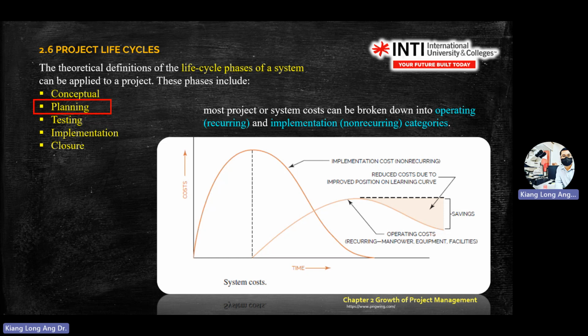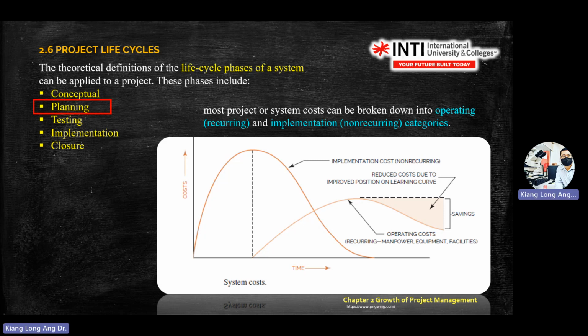Again, the y-axis is the cost, the x-axis is the time. You have 2 colors there. One is implementation cost, which is non-recurring, and another curve here is operating cost. Now, why does operating cost start at a certain time? Because you have 5 phases.